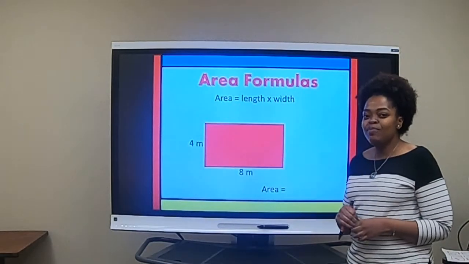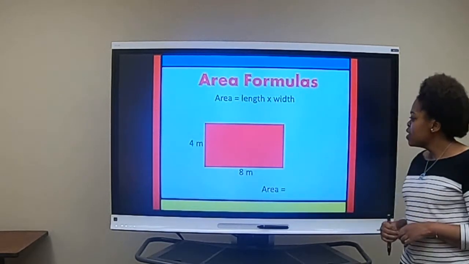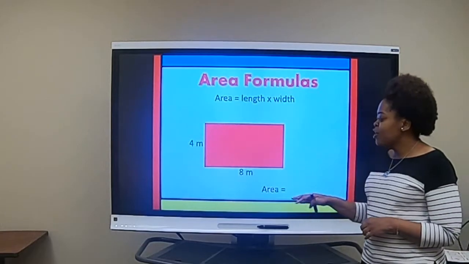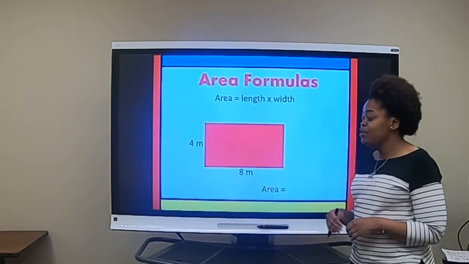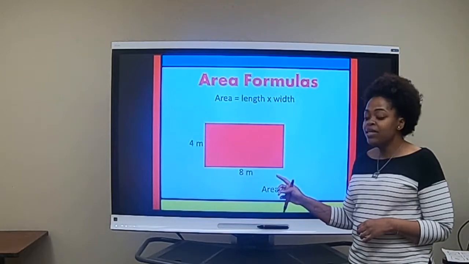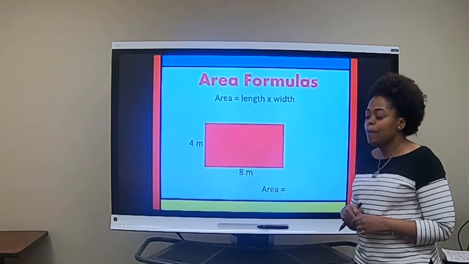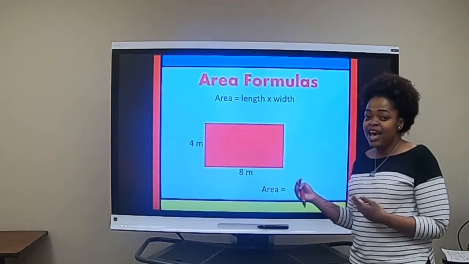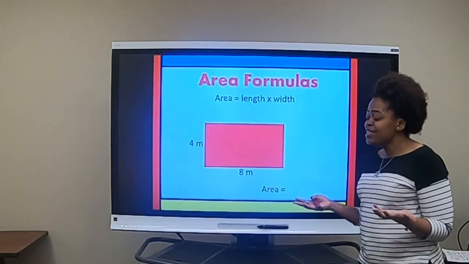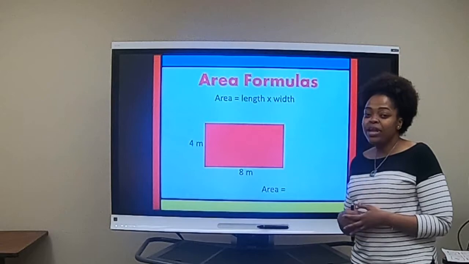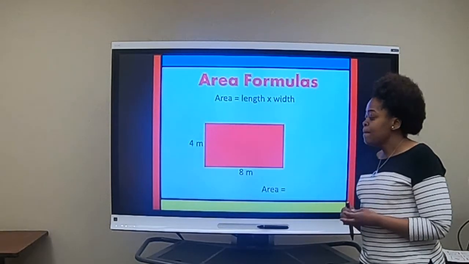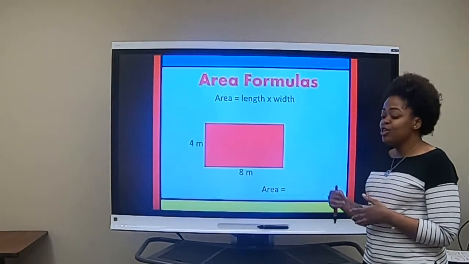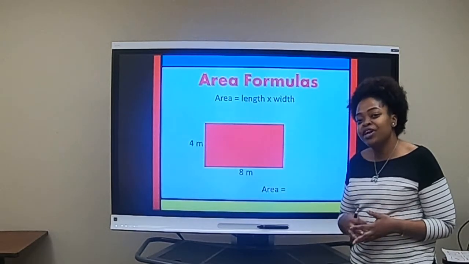Let's look at this shape, for example. We see that this rectangle has a length of 8 meters and a width of 4 meters. Now, it does not have any lines inside of the shape, so we can't simply count the blocks in the shape. But we can use the formula for area.